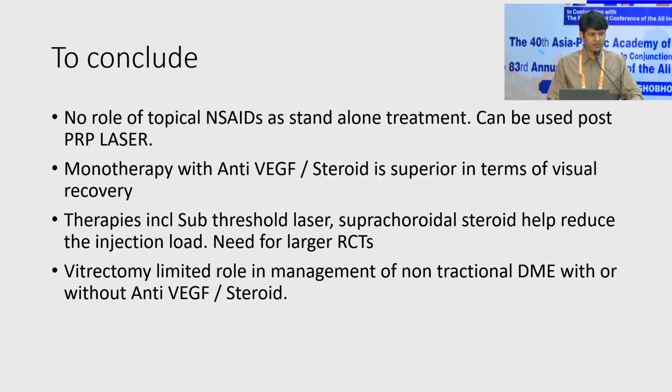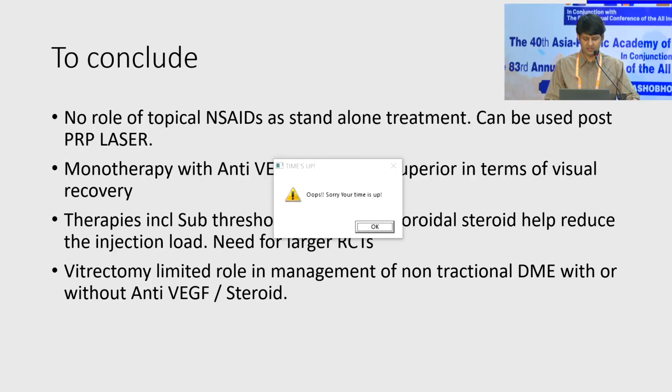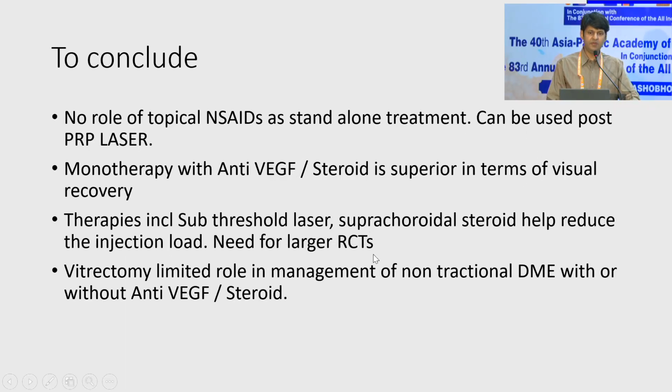So to conclude, there's not much role of topical solitary NSAID treatment in DME, but it can definitely be prescribed for post-PRP patients. Monotherapy with anti-VEGF or steroid is superior in terms of visual recovery, though the morphology does improve.